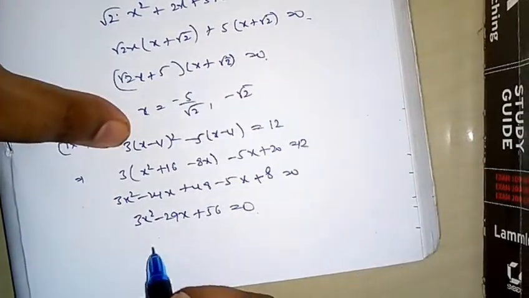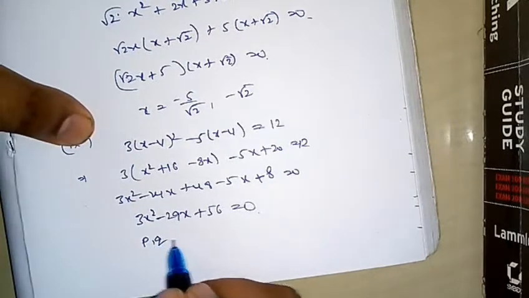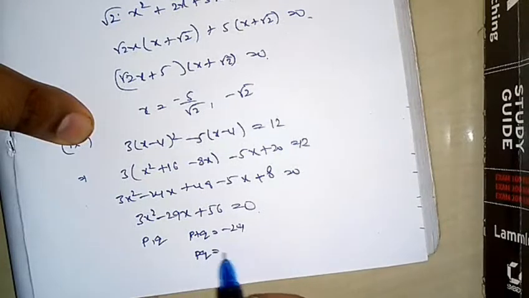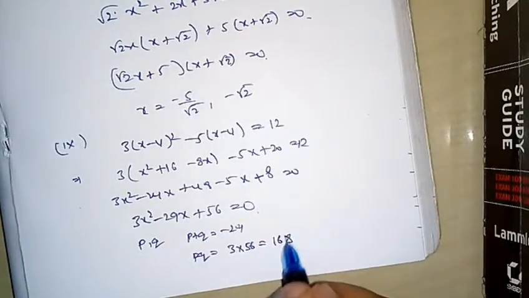So now what you can do is find two numbers p comma q such that p plus q is equal to minus 29 and pq is equal to 3 into 56, which is equal to 168.